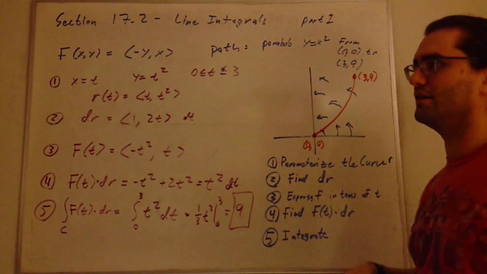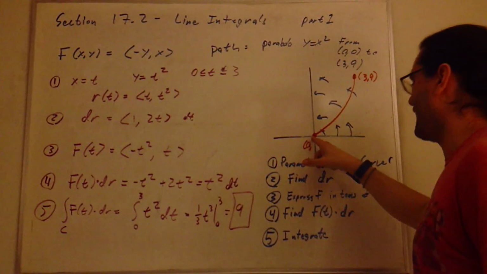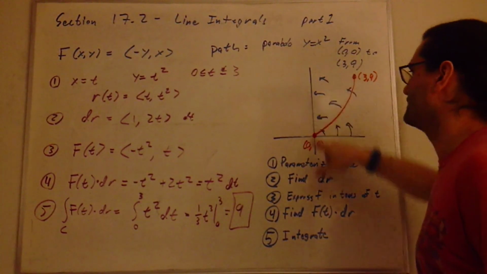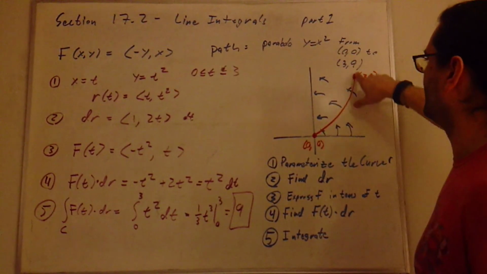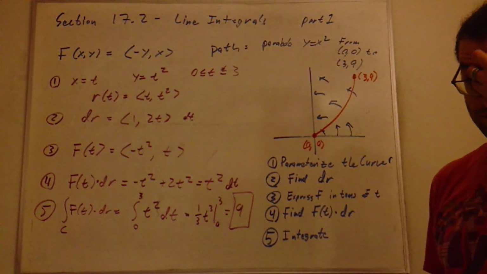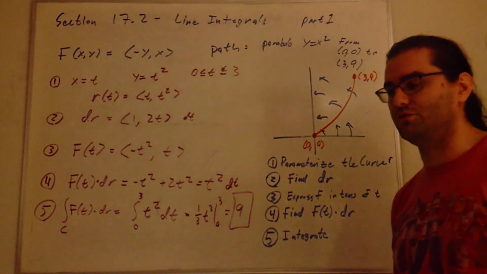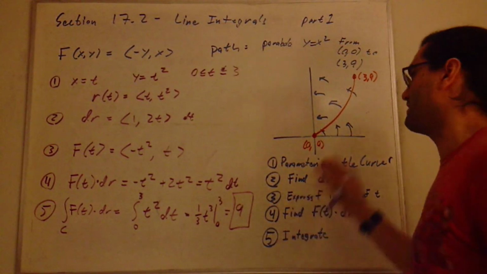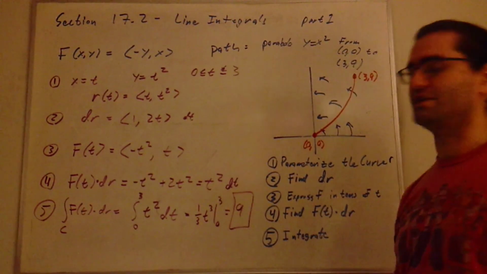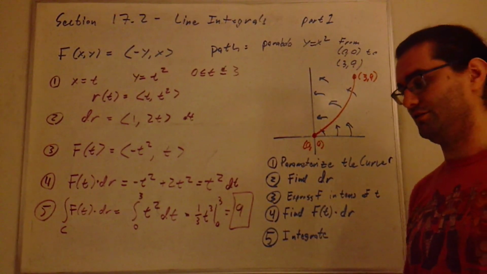Or not the work that you have to do, it's the work that the vector field does on an object moving along this path. So the work that you have to do might be a little different, but the work that the vector field does on the object is represented by this line integral.